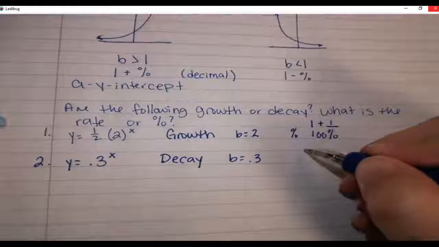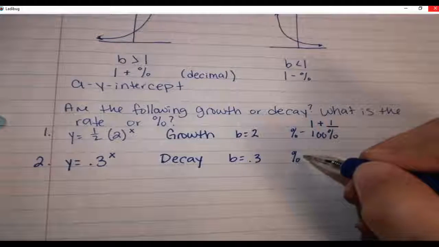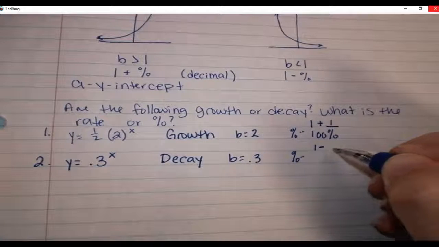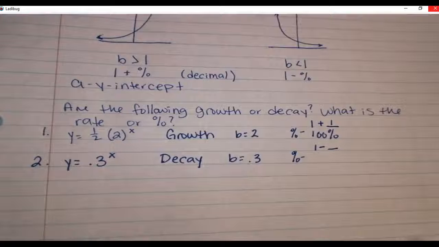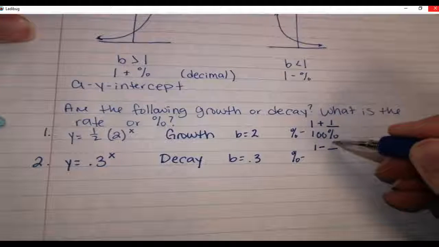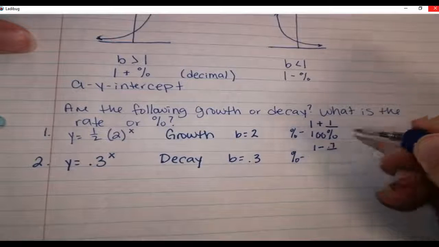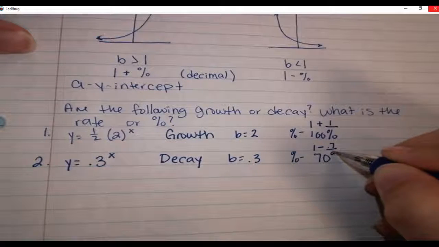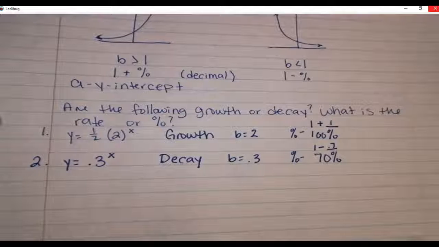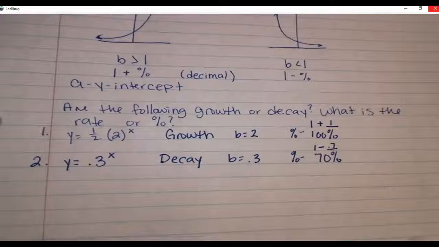So then if it's decay, that means for our percentage, we have to have 1 minus something. So 1 minus what would give me 0.3? Good, 0.7, which is 70%. Questions?